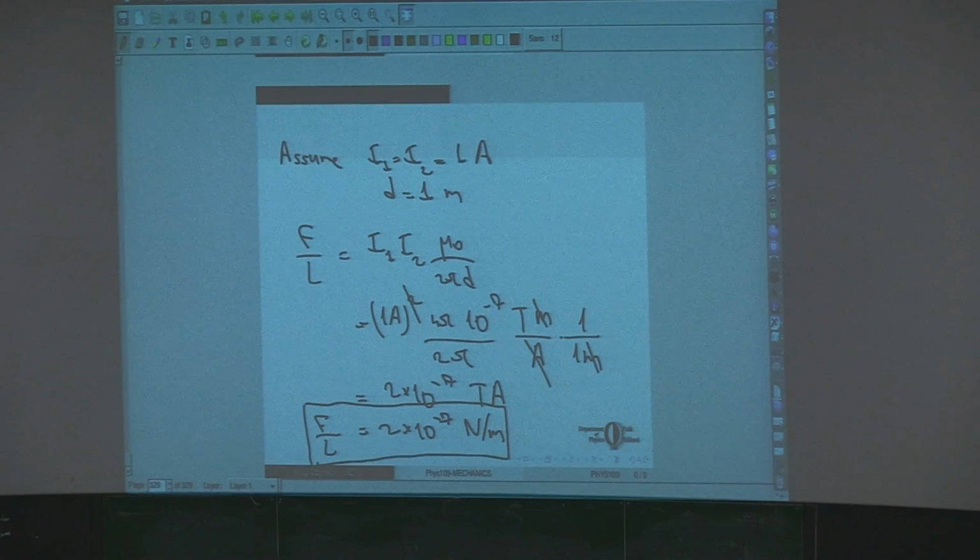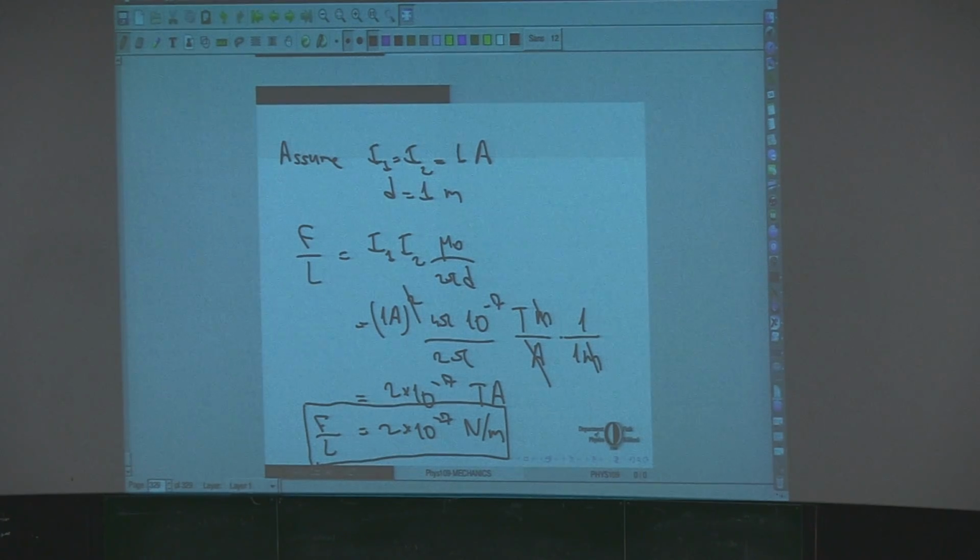In fact, this is the definition of the ampere. Now, we didn't really precisely define the Coulomb. We said that one electron is 1.6 times 10 to the power minus 19 coulombs, but that's not a practical definition that we can use. Here we have a practical definition of the ampere.